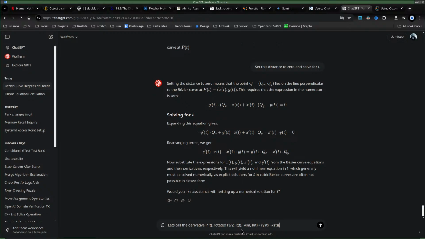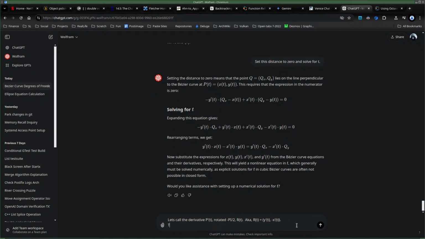Yeah, rotation angles are usually anti-clockwise, so I'll just put a minus in front of this. Then we'll have the equation, which reads R(t) dot P(t). Do I have a dot here?